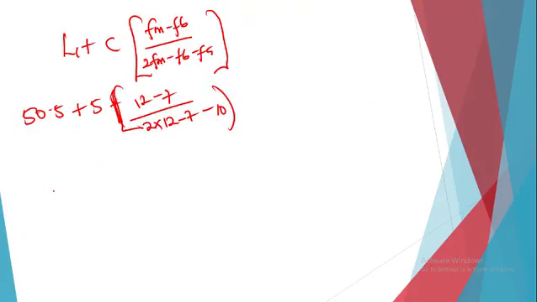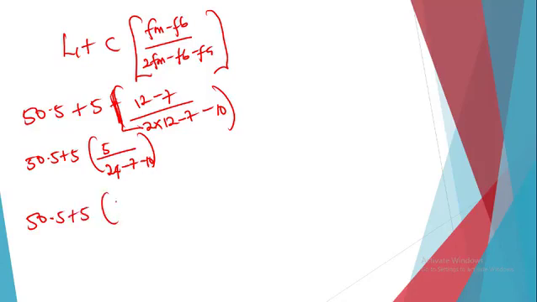Okay, so what do we have? We have 50.5 plus 5 into 12 minus 7. 12 minus 7 will give us 5, all over 2 times 12. 2 times 12 is 24. So we have 24 minus 7 minus 10. We have 50.5 plus 5 into 5 divided by 24 minus 17, which will give us 7.